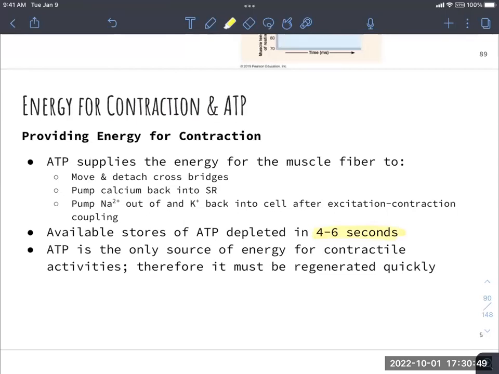So our body needs to be able to make it pretty quickly. But where do we use that ATP? As I said, it helps to detach those cross bridges from the actin and myosin. ATP pumps the calcium back into the sarcoplasmic reticulum. It'll pump sodium out of the cell and potassium back into the cell after the action potential has been sent.